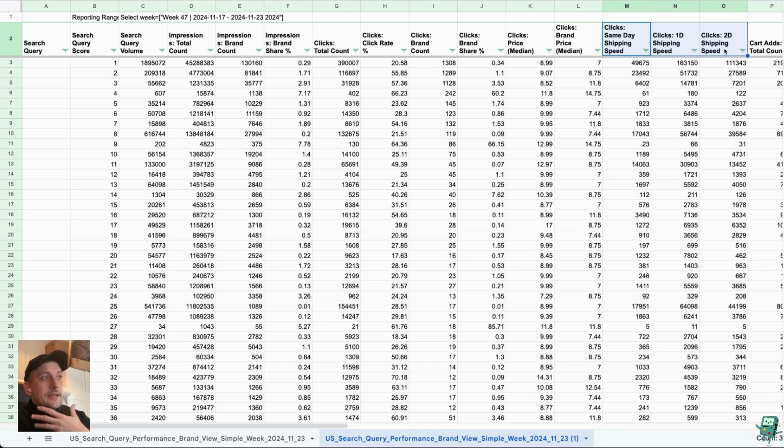The way I understand these metrics is Amazon gives us insights into whether, when a person clicked on a product, they would see a same-day shipping window, a one-day shipping window, or a two-day shipping window.